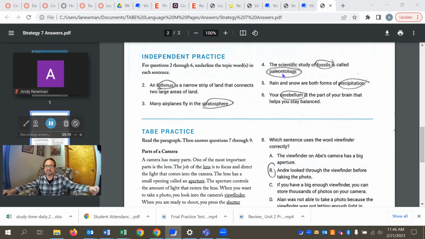Well, in paleontology, the study of mankind's early roots. Five, precipitation is a topic word in the world of weather science or meteorology. And then cerebellum, certainly in neuroscience. So all of these terms are topic words or jargon that we could associate with the area of study.